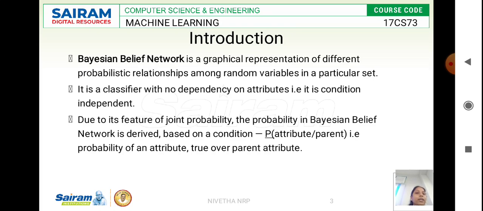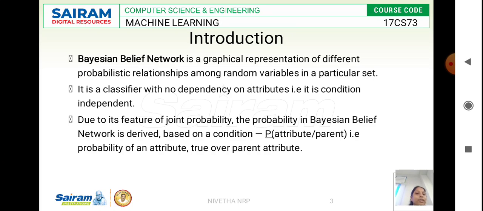Here the network does not have dependency on the attributes. That is, it is conditionally independent. Occurrence of one event is not going to affect the other event. This Bayesian belief network has the feature of joint probability.